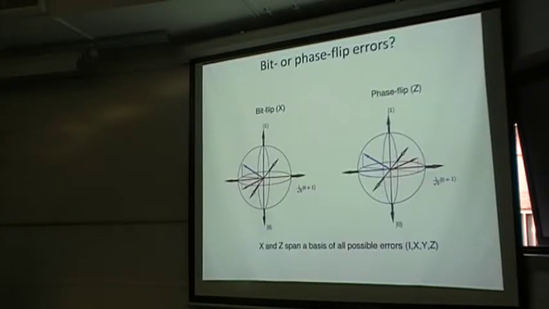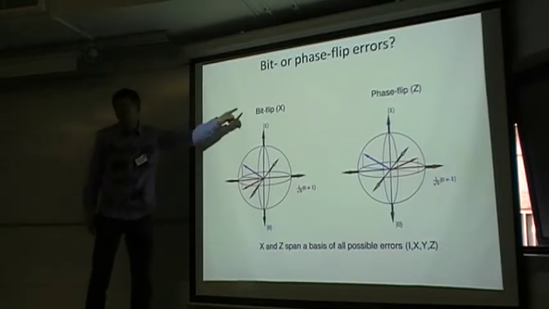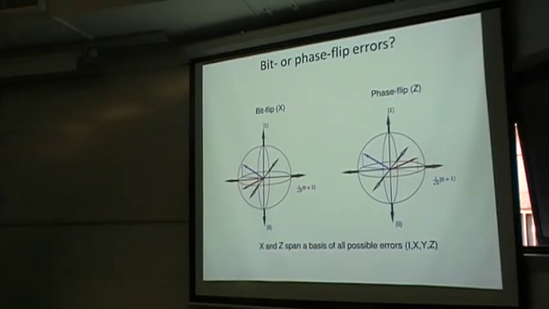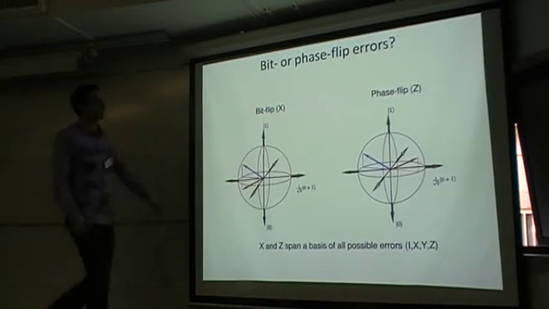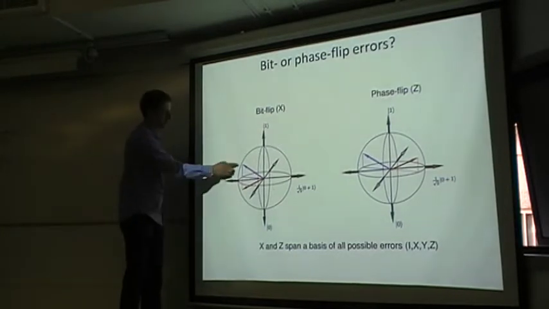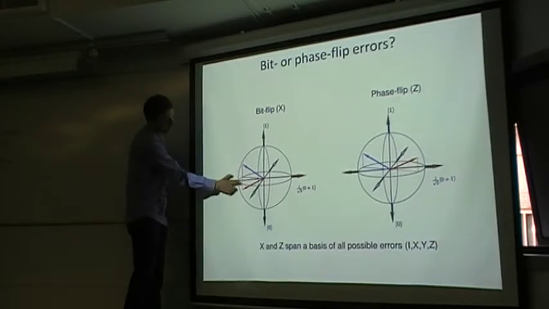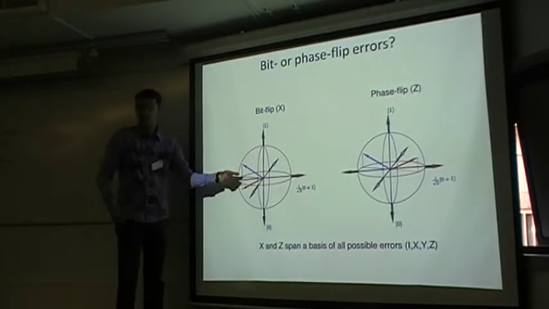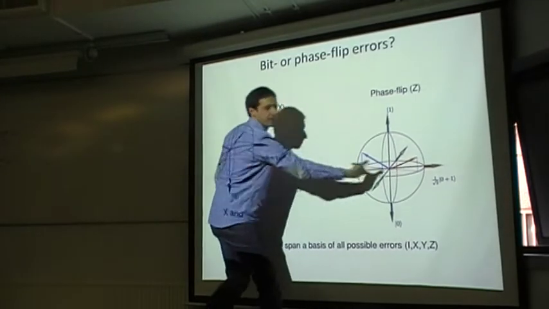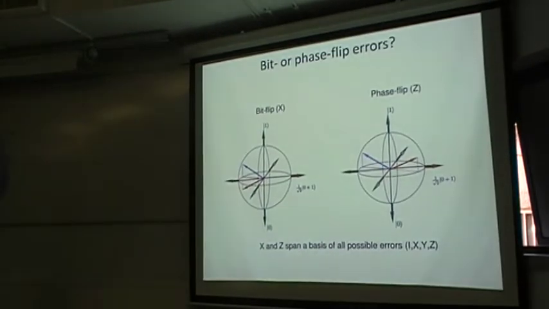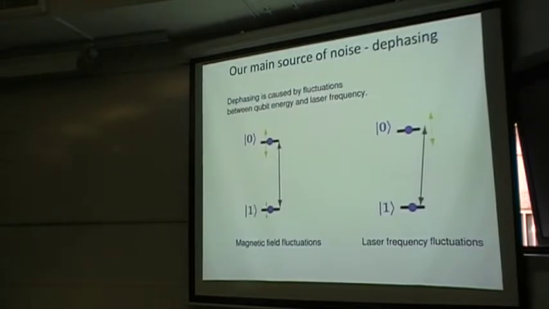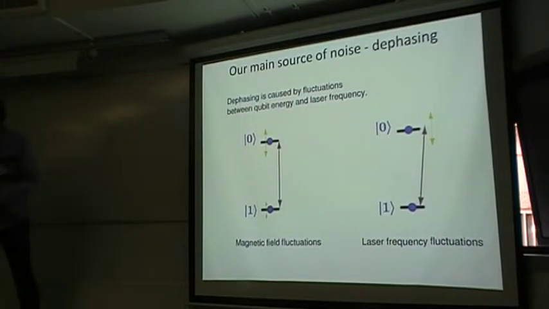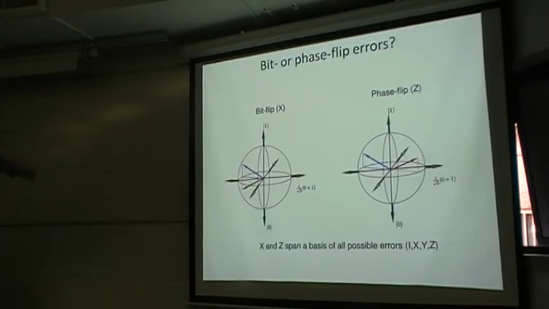Okay, so of course what I told you now is just correcting for bit flip errors. In principle you can modify that to correct for phase flip errors. The thing is, for example, this is a bit flip, so the z-axis is just flipped. A phase flip would be, for example, here, a flip in the equatorial plane. And it's actually exactly the same, just a different basis.